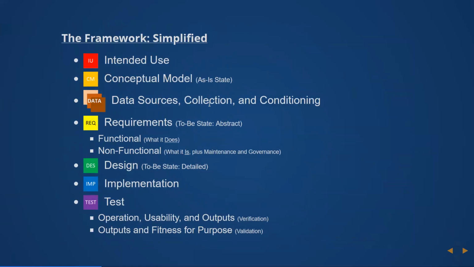The way I think about my framework is simply streamlined down to this: figure out what problem you're gonna solve, find out what's going on now, get the data, do the requirements, propose a design, do the implementation, then test. Everything really comes down to that.